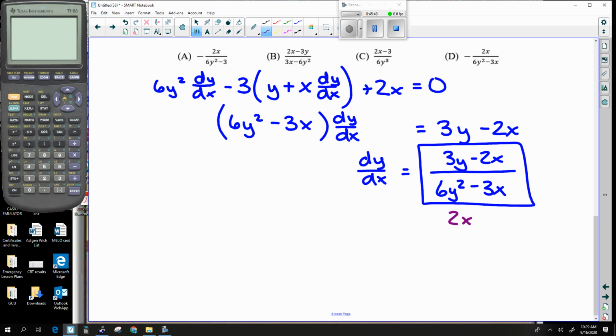So that is a positive 2x and a negative 3y, a positive 3x and a negative 6y squared, which now is option B. Okay, you can only do this when it's a fraction. Can't do it if it's not a fraction.